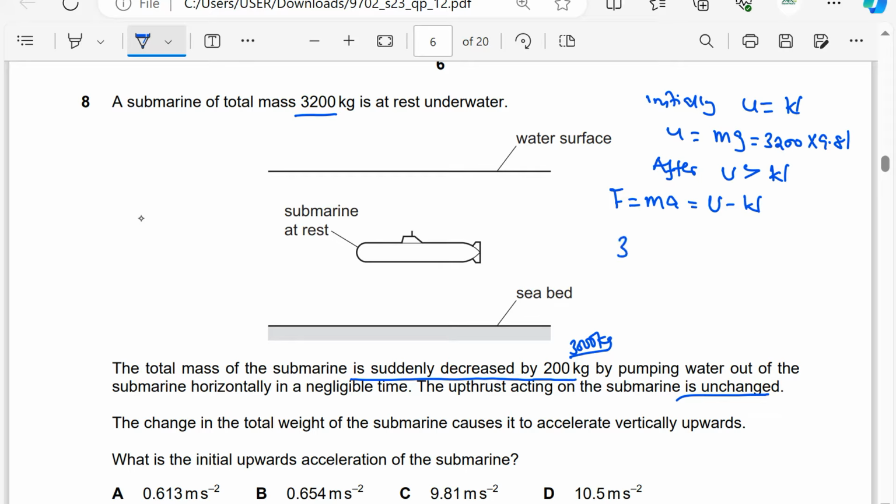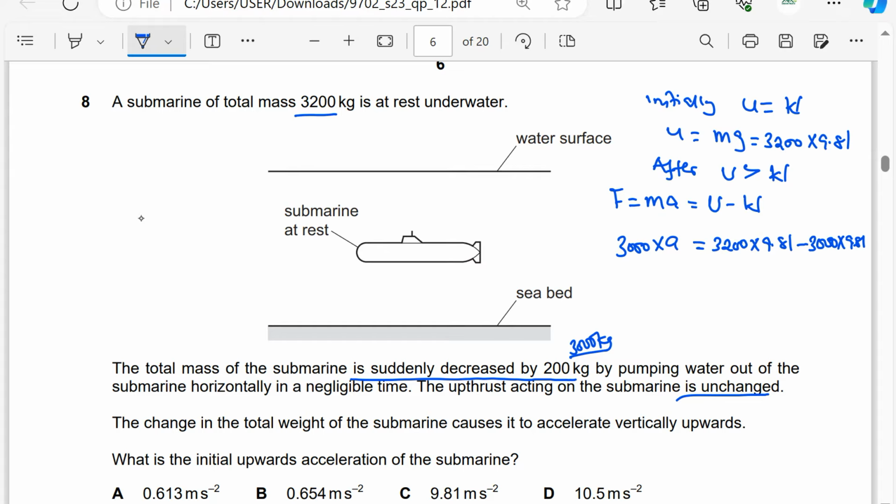So the mass, 3,000, times the acceleration should be equal to the upthrust, which remained 3,200 times 9.81, minus the weight. Because now the weight has reduced, the weight is now 3,000 times 9.81.